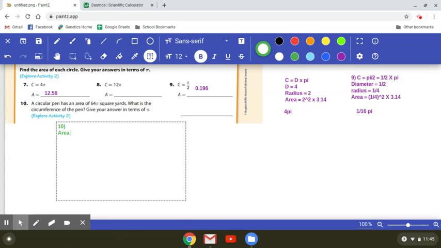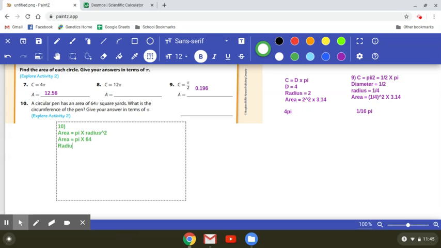So area equals pi times radius squared. So our area equals pi times 64. Notice how I lined those up. So that means the radius squared is 64.